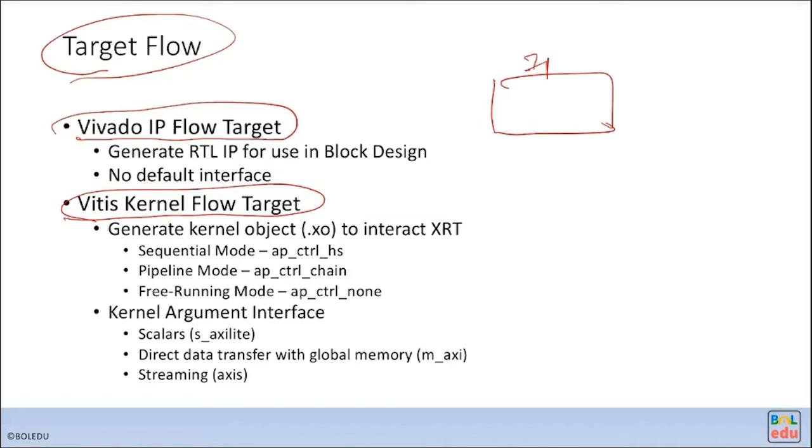The interfaces of the generated IP are only intended for later integration with other kernels, and don't address communication with the host. If you develop a kernel function that is going to interface with your host program, then you need to use the Vitis kernel flow.